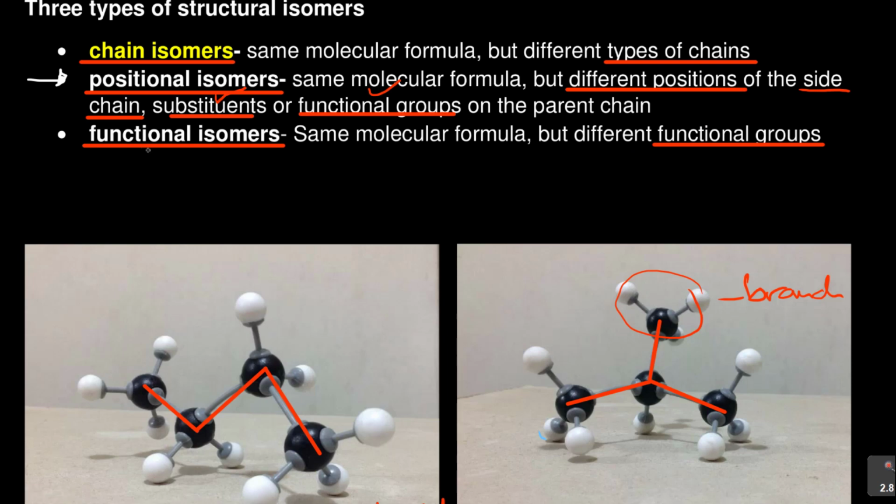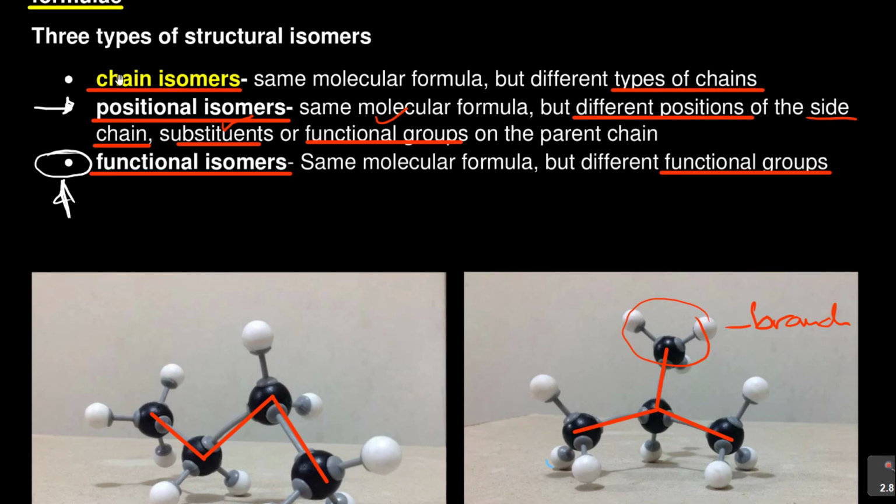If we go back, the next one is called the functional isomer. I'm not going to discuss this isomer yet, but what I want you to know is that when we do functional groups, we will come back to this lesson of isomers and bring back the 3 types of isomers, and then I will demonstrate all 3, but more important will be the functional isomers.